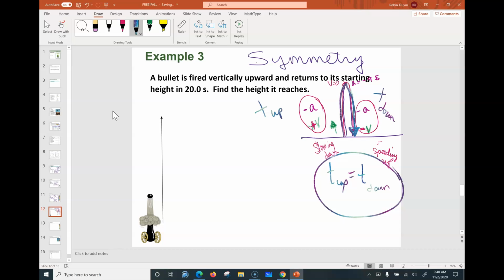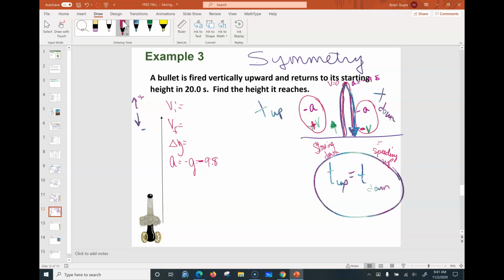In fact, it's going to come in handy right now because we're going to remind ourselves that up is positive, down is negative. Then we're going to start our kinematics list. Initial velocity, final velocity, displacement, acceleration we know is negative little g, which is negative 9.8.